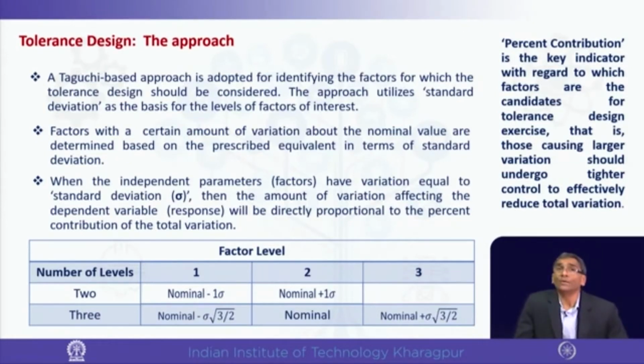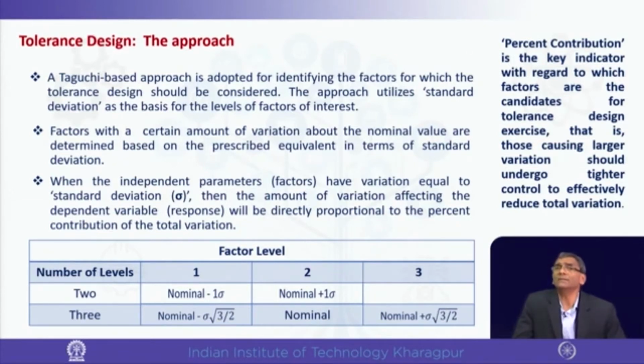Now, here the formula for this, as you would find in the handbooks and other places on Taguchi, is that the minimum is nominal minus standard deviation multiplied by square root of 3 by 2, and maximum is the nominal plus standard deviation into square root of 3 by 2.